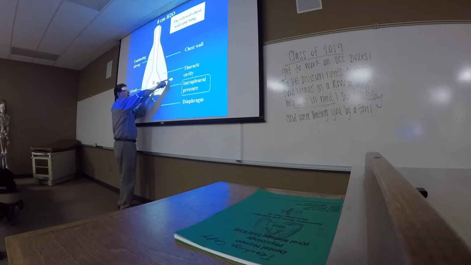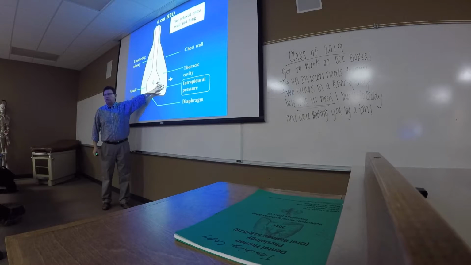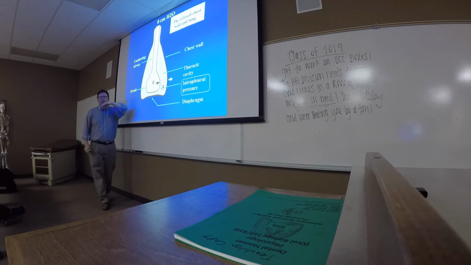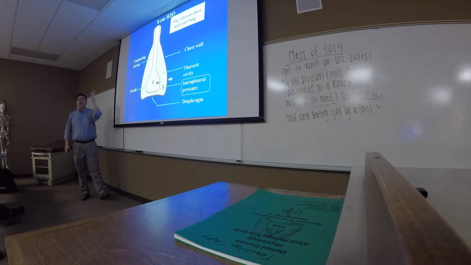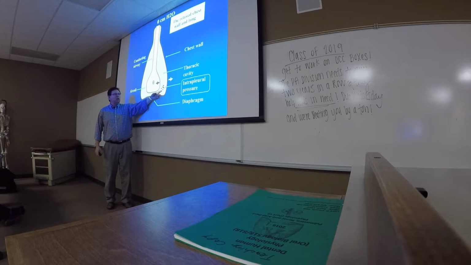So this is going outward, this is going inward, and that causes the pressure in the space in between to be negative relative to atmospheric pressure. So intrapleural pressures are actually negative. And what does that do? That keeps that alveolus from completely collapsing down. Negative pressure is pulling the walls outward, okay?